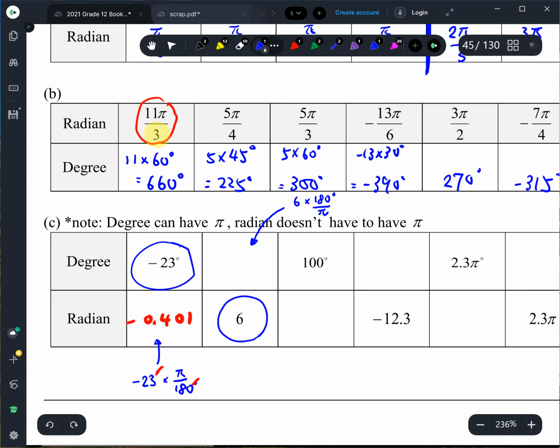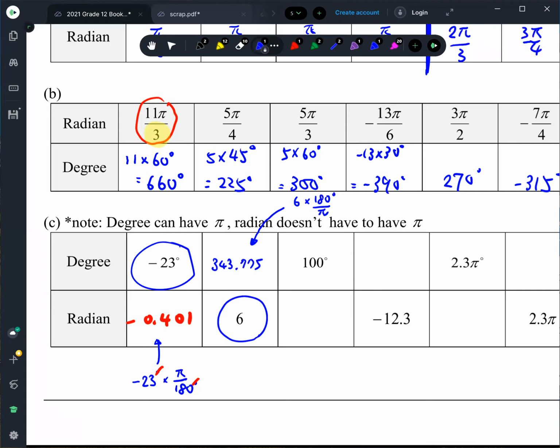Okay. 343. 343. And can you give me 3 decimal places? 0.775. Yeah, 775. And the unit should be what? Degree or radian? Degrees. Yes. So don't forget the little circle at the corner. Okay. So very simple rule, very straightforward.